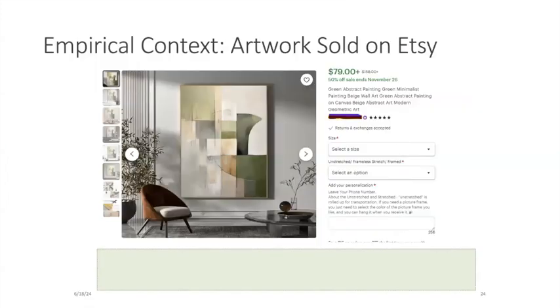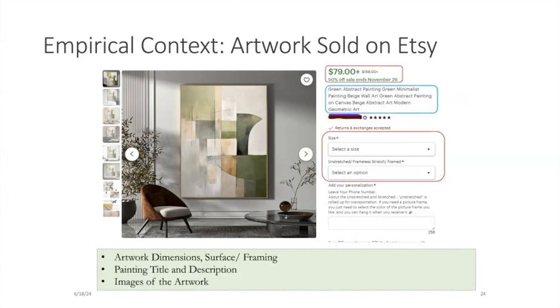Our empirical context is Etsy.com. It's one of the largest do-it-yourself art platforms in the United States. When an artist displays a painting on Etsy, there are several cues they can provide to prospective buyers. The dimensions of the painting, for example, being the simplest, but there are also textual cues, like the painting title and description, and there are images of the artwork.